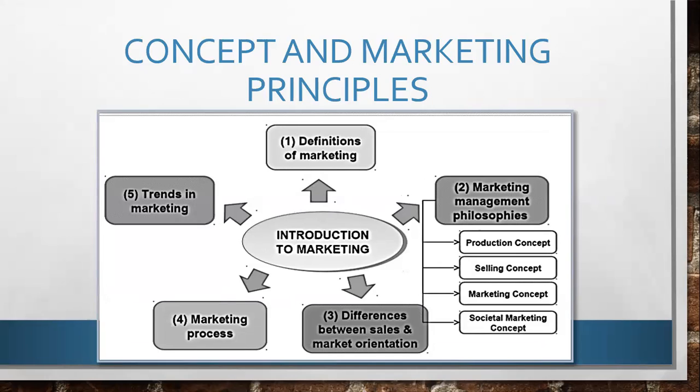What is this introduction to marketing all about? As you can see, there are five arrows pointing to the definitions of marketing. We also have the marketing management philosophies, which include the production concept, selling concept, marketing concept, and societal marketing concept. Third is the differences between sales and market orientation.